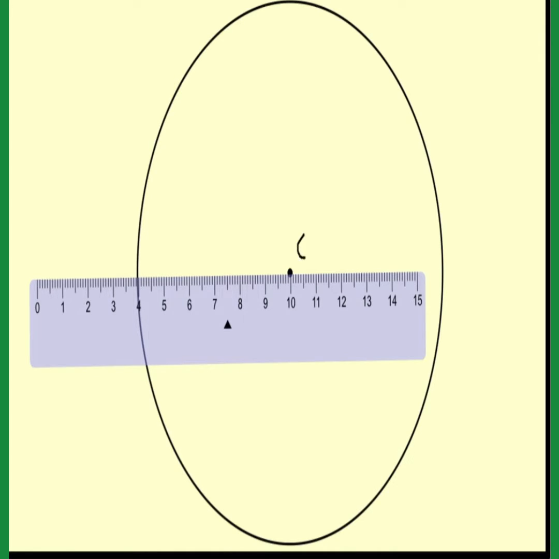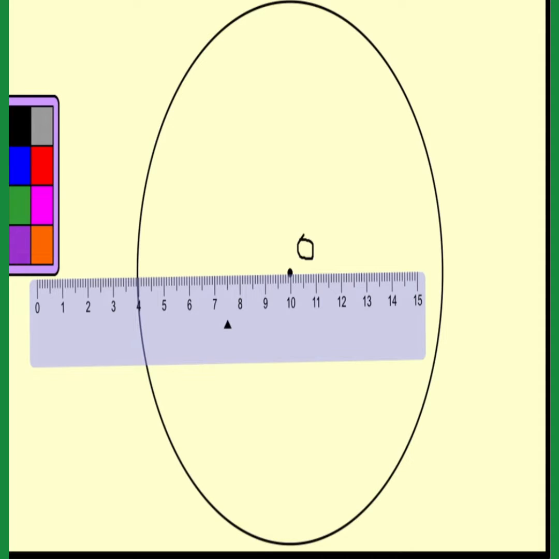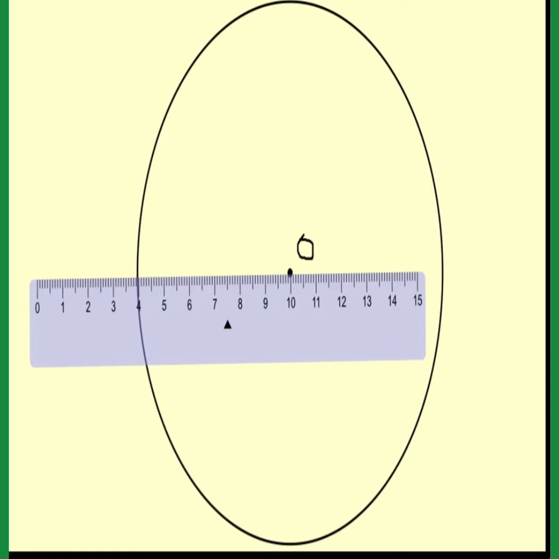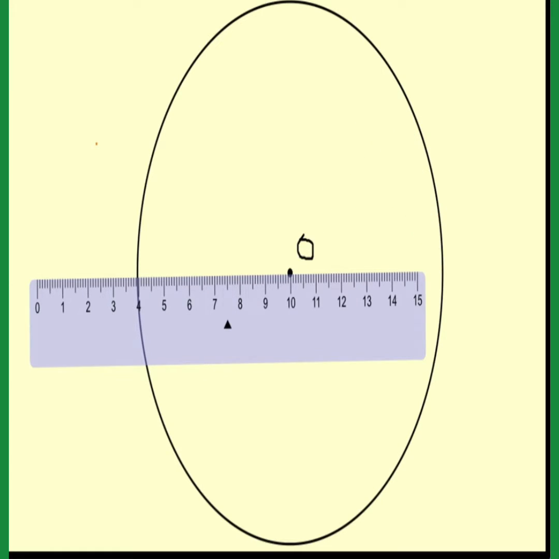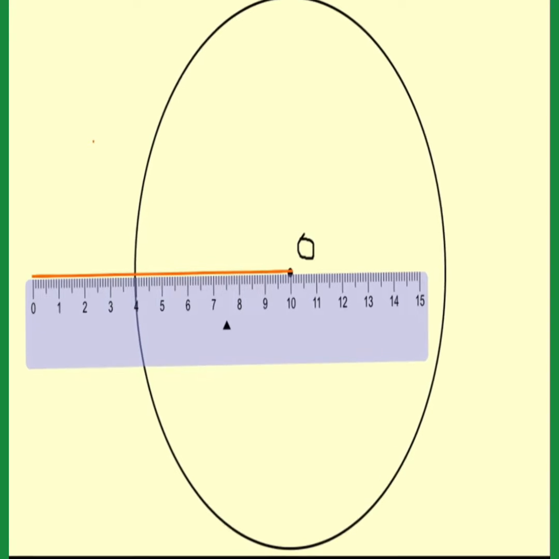O is the center of this circle, and now you will draw a line segment with measurement exactly 10 centimeter.